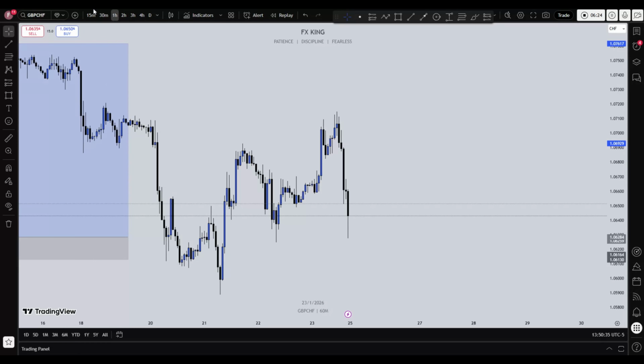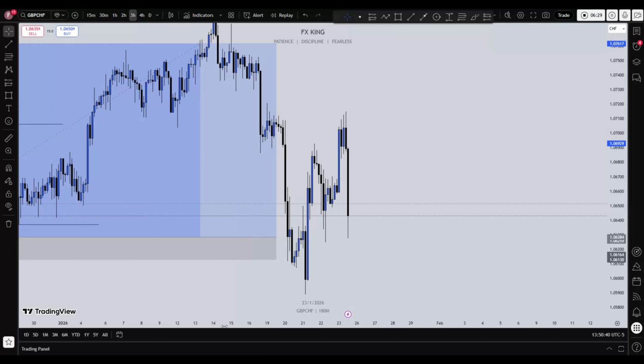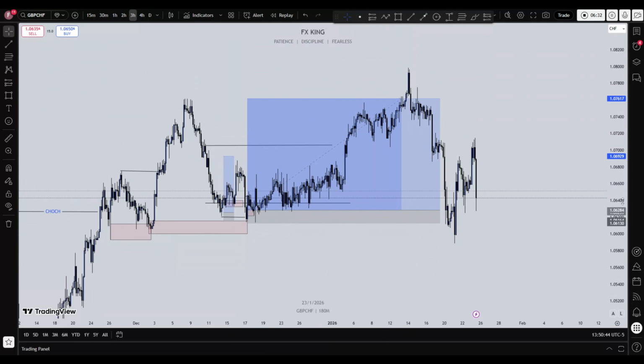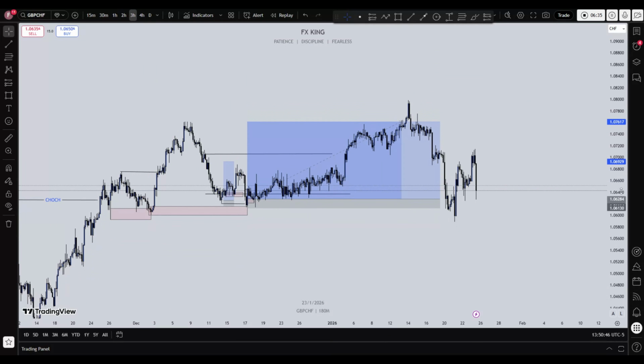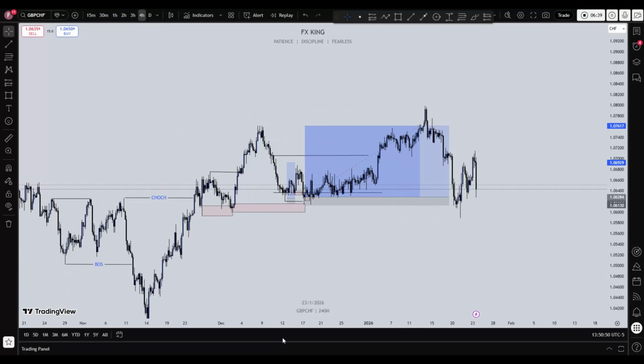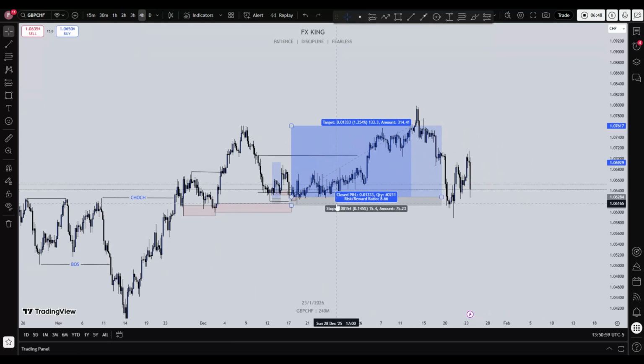Okay, so I think we can see a good setup here. As long as this pair goes right, we have not yet had a solid close below this low.